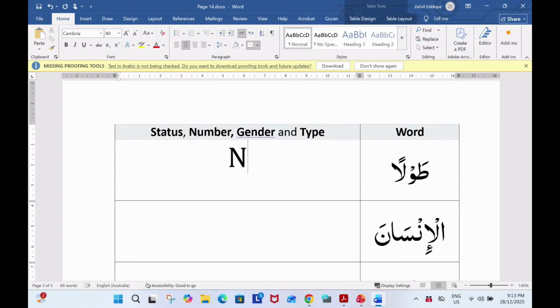What is the number? 1. What is the gender? Masculine. And the type? It's common.